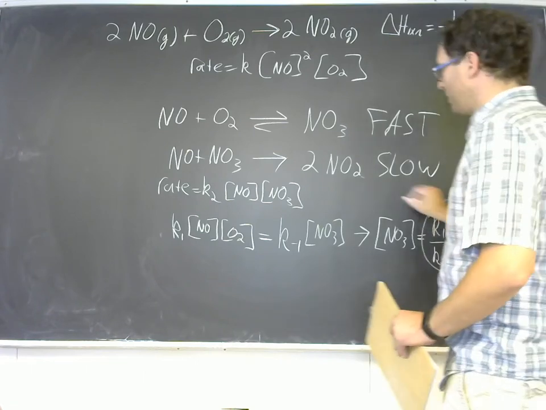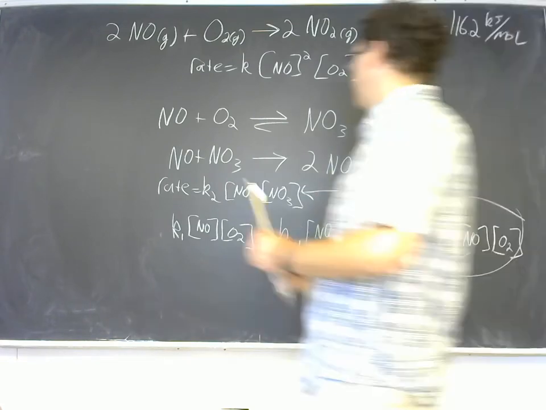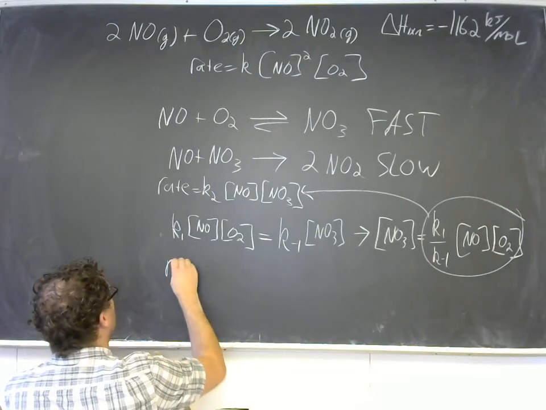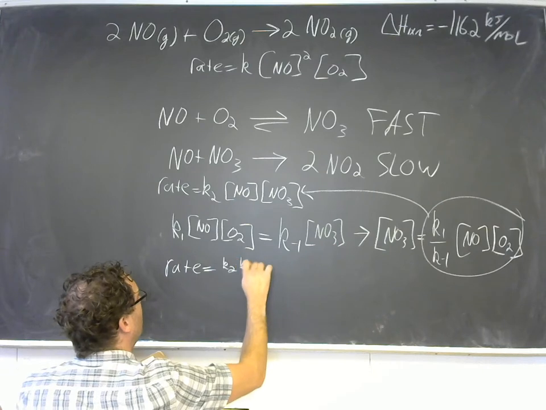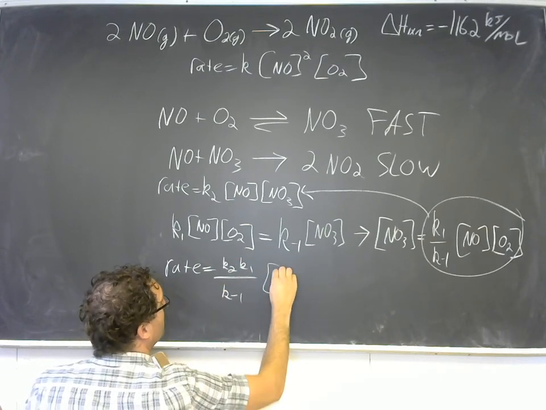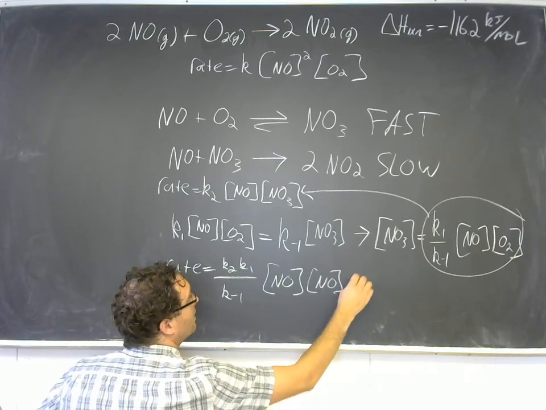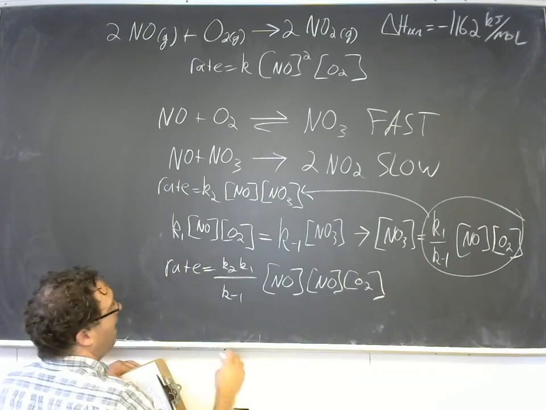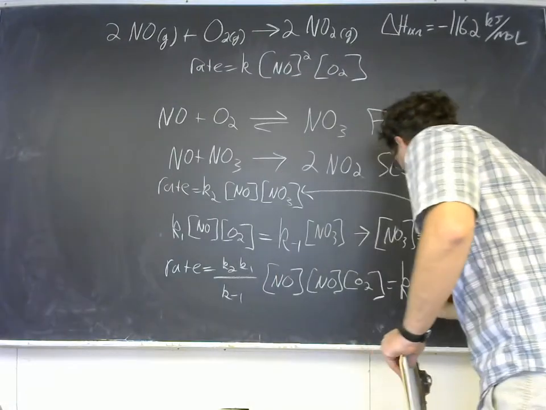When we put this into the overall rate law predicted by this mechanism, then we get the rate is equal to k2 times k1 over k negative 1 times the concentration of NO times the concentration of NO times the concentration of O2. And we can simplify this to just be k observed.